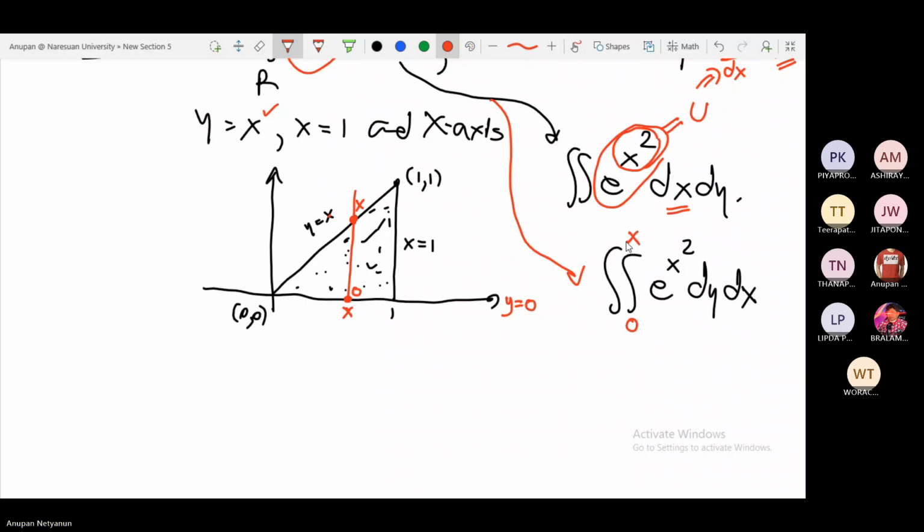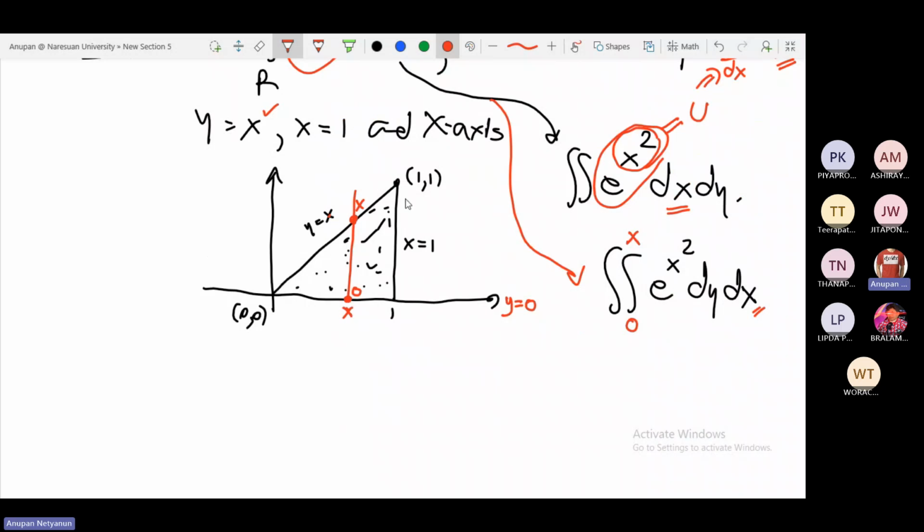Now, from here, you want to find the running numbers for x. The running numbers for the outside integral have to be numbers, right? So you have to ask yourself, does this region run from which x to which x?